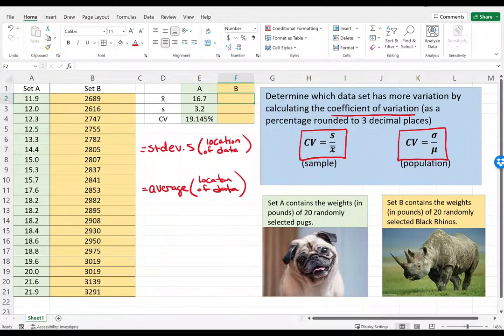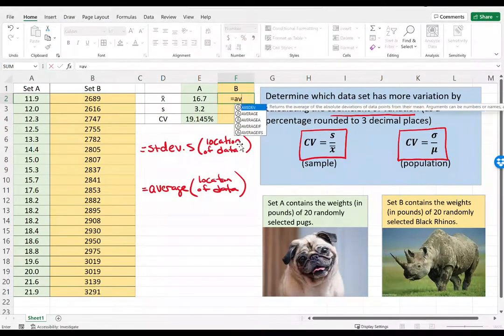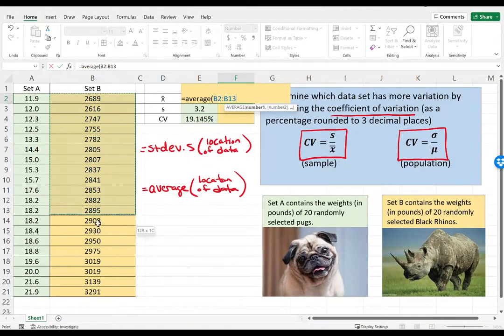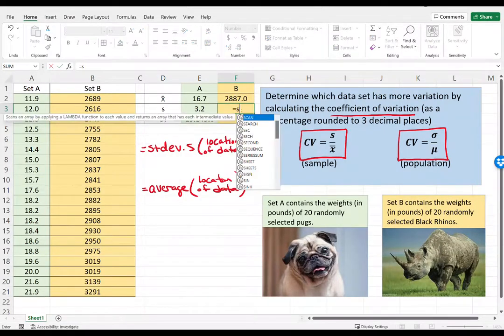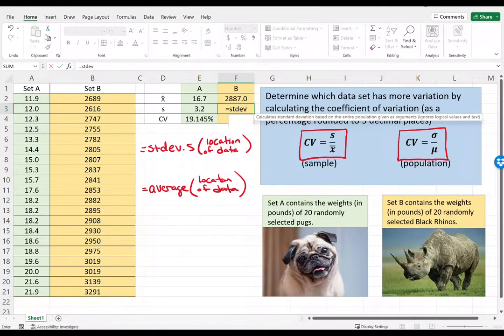Now, the coefficient of variation for set B, which is the weights of 20 randomly selected black rhinos. So let's calculate the mean. Equal AVERAGE, parentheses, location B2 to B21. Now we've got our standard deviation, equal STDEV.S, parentheses. Again, that's the sample standard deviation.